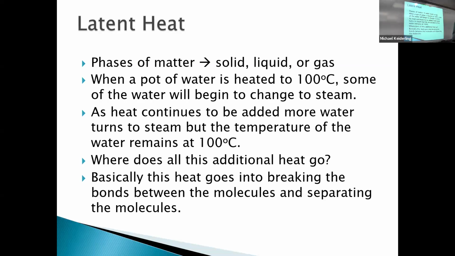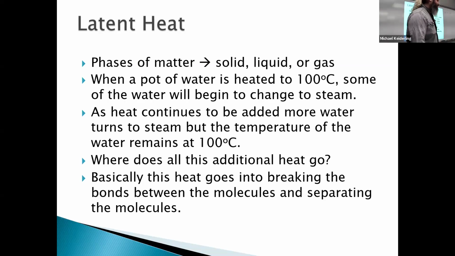So right now, this water is warming up. So this would be specific heat. But so that's specific heat, and eventually it'll start to boil, and that will be latent heat.